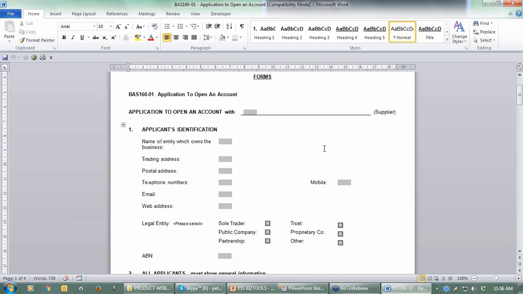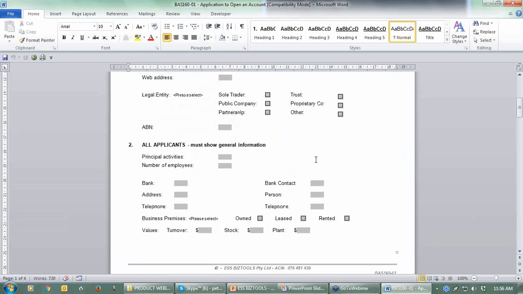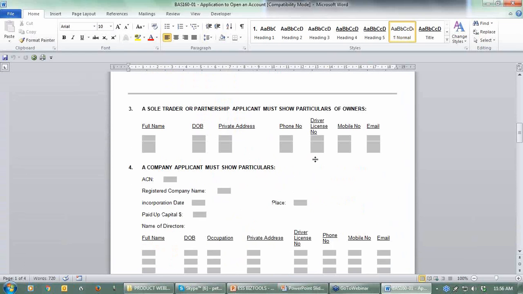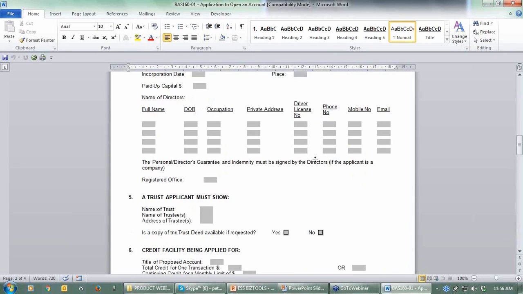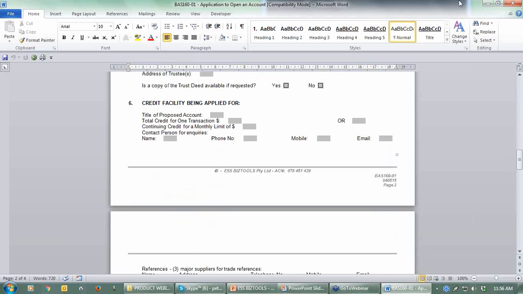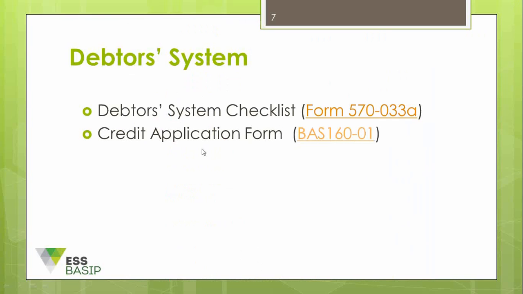There's a credit application form so that the client is able to review what their potential new credit customer informs them on this form so they can make some checks.